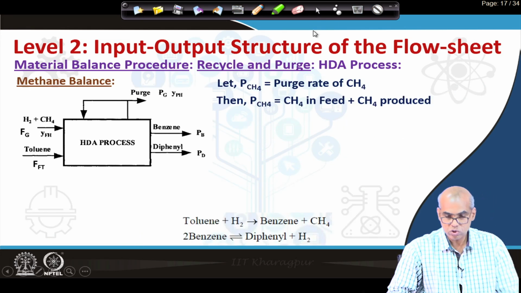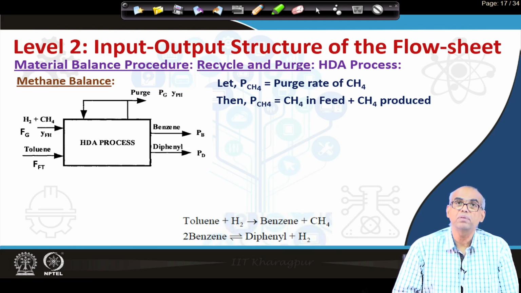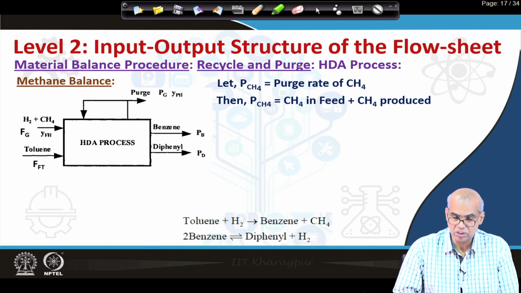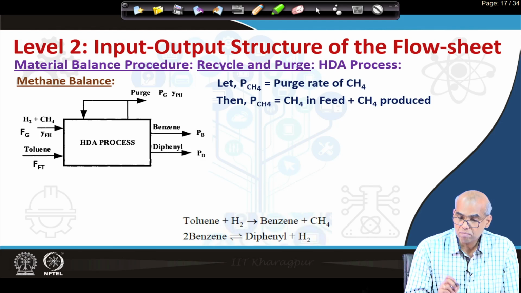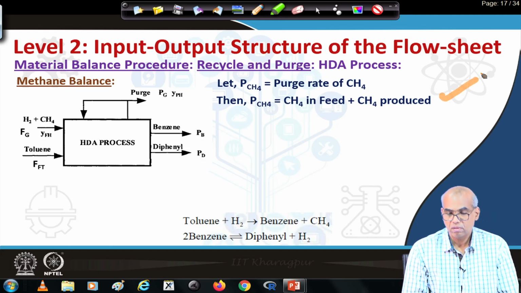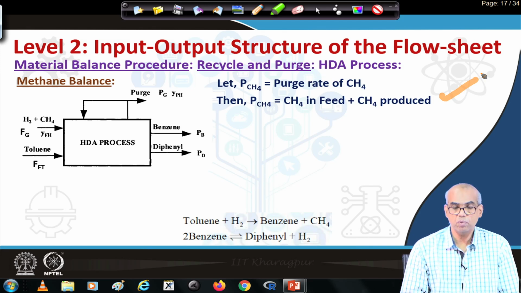Similarly, you can also write the methane balance. Let PCH4 equal the purge rate of the methane. So, this is the flow of methane leaving the process with the purge stream. So, the purge rate of methane, which is PCH4, will be equal to methane in the feed plus methane produced.